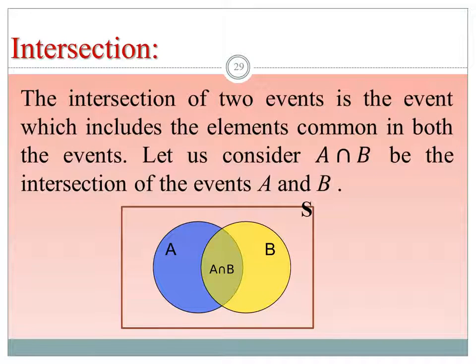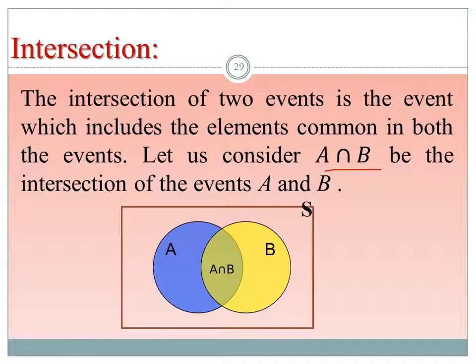intersection. The intersection of two events is the event which includes the elements common to both events. Let us consider A intersection B. This is the notation A intersection B, the intersection of the events A and B. So this is event A, this is event B. In this case we denote A in blue color and event B in yellow color.